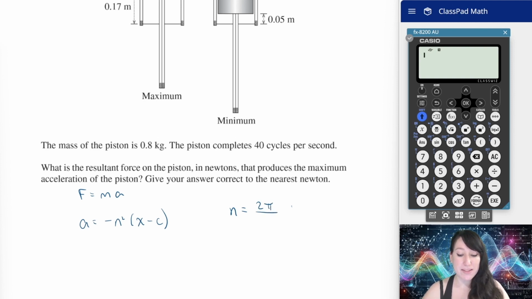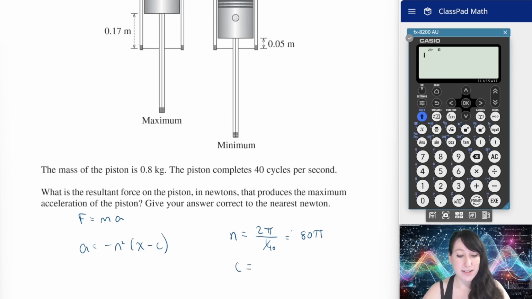Now, if the piston completes 40 cycles per second, that means its period is 1/40th of a second. So n is 80 pi. Also remember, c is the center of motion. The piston oscillates between 0.17 meters and 0.05 meters. So the center of motion is 0.11.